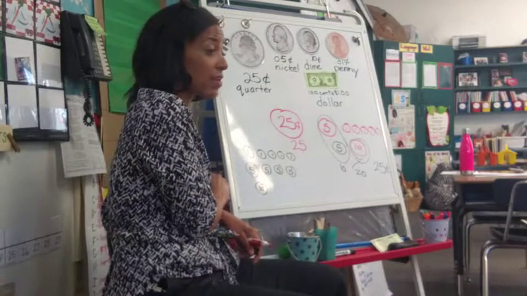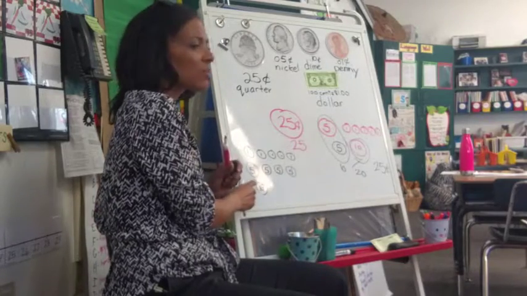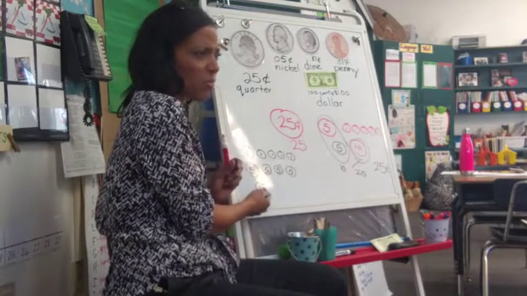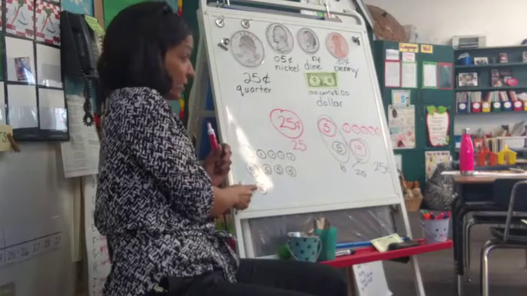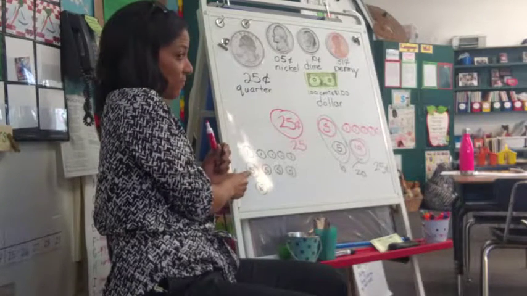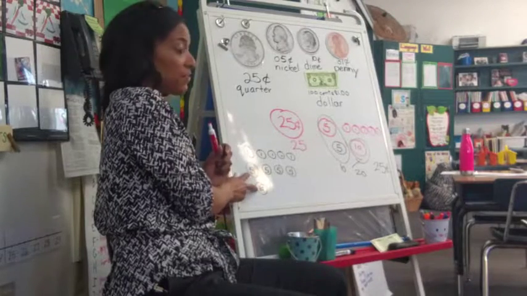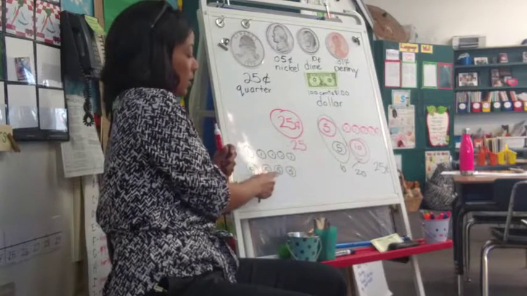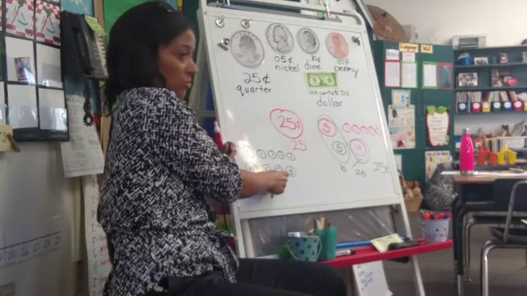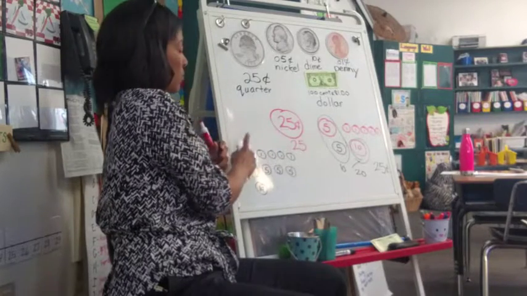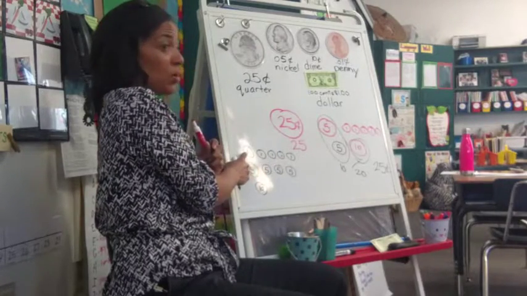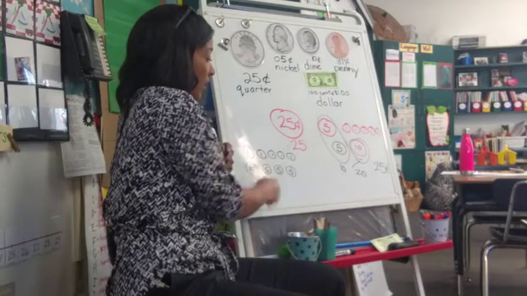All right, ready? Let's count it and let's verify. Let's start with the biggest value. That's where I usually start with money. You ready? So 10. What's 10 plus 5? 15. So we have 15. 20, 25, 30, 35. Is that 5 more? We have 30 here.